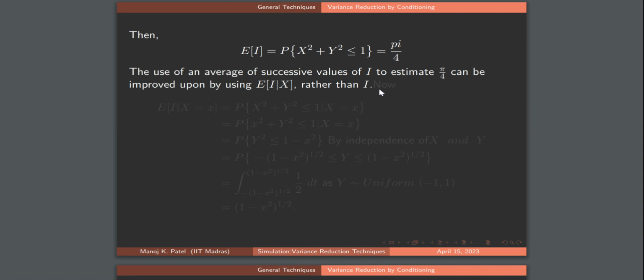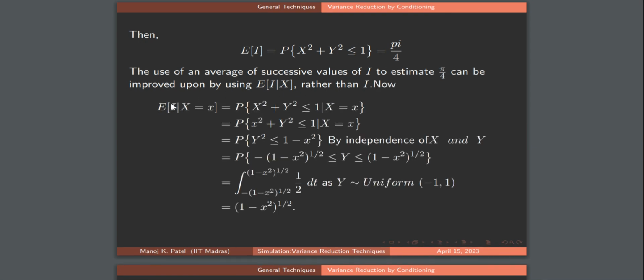One thing we can do is take a number of samples and estimate the expectation of I by using them independently. But here we can use conditioning to improve that estimator.